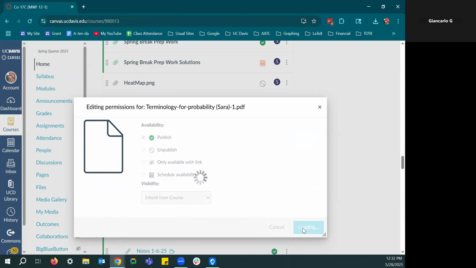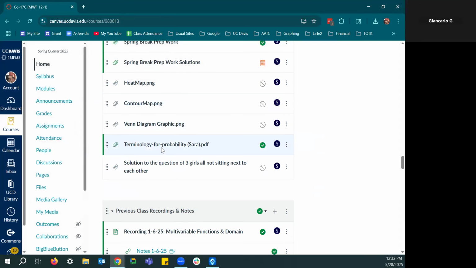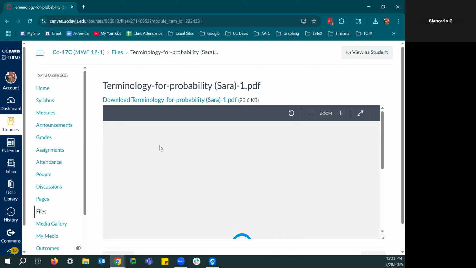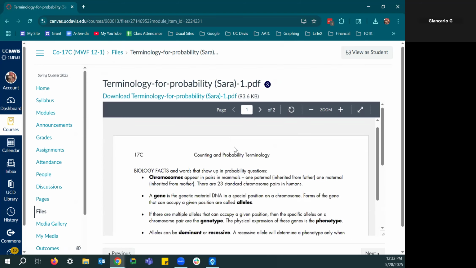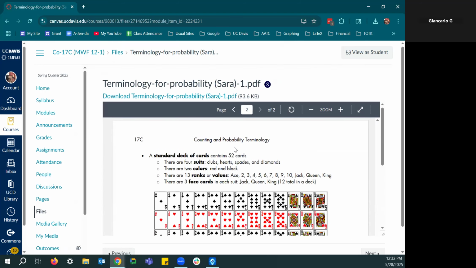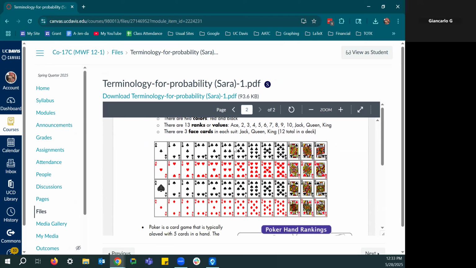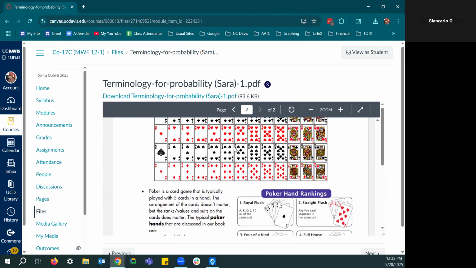This handout, which is something that Sarah made, shows you some terminology for probability, but on the other side, it also shows you all of the cards in the deck of cards, as well as what the poker hand rankings are, because sometimes people ask about poker hands and what they are.